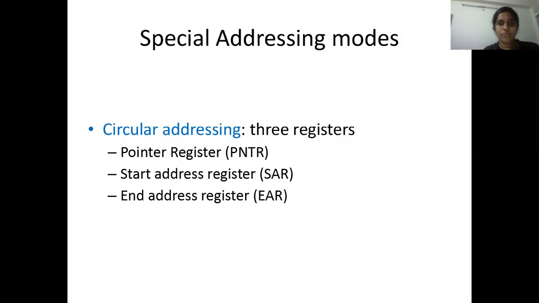The pointer register is used to keep track of the current address, and we can increment or decrement the address; those operations can be done on this pointer register. It is just used to keep track of the current address.